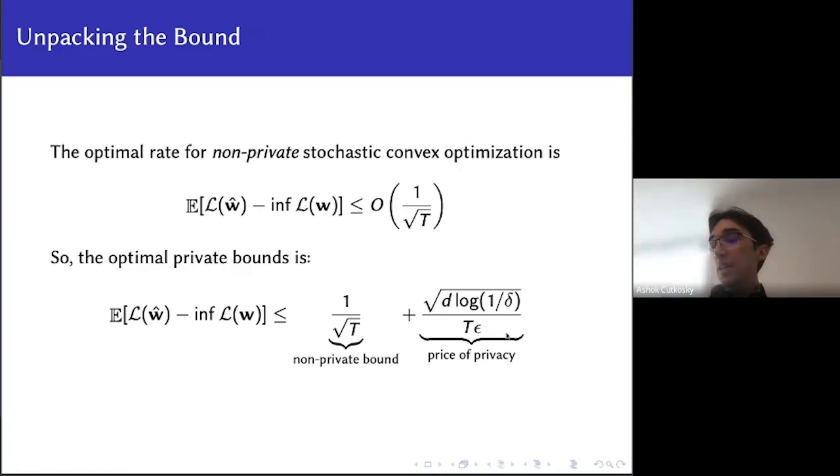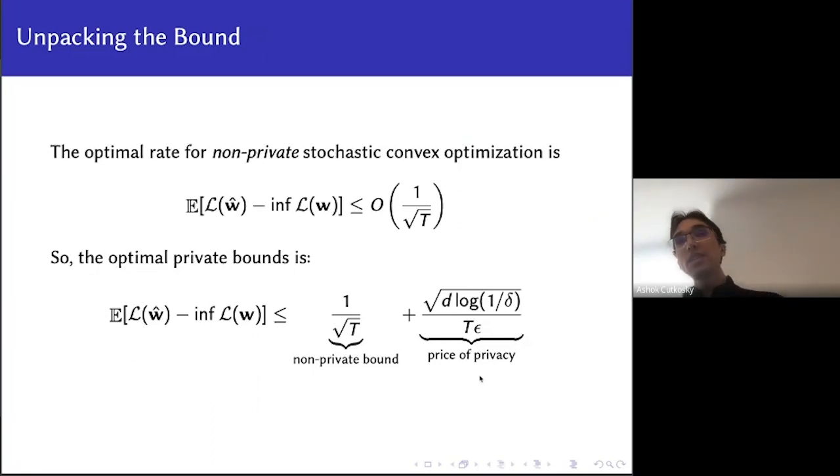So this T epsilon part is a term that tells you how much you lose for being a private algorithm. And you can look at it and immediately see that for not too small values of epsilon, this term is kind of free, maybe, and you look at only the non-private bound. But if epsilon does get too small, then you will start having to pay this price more.